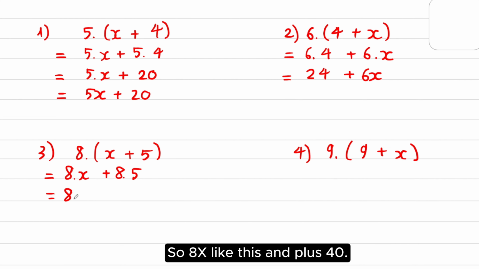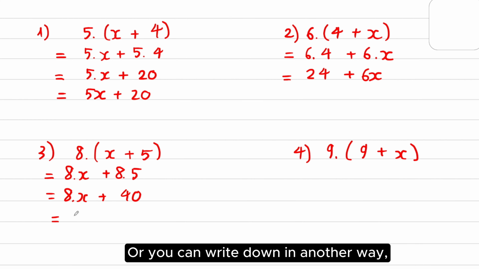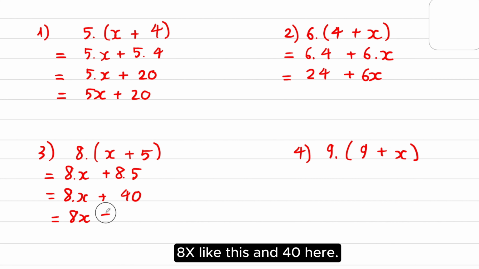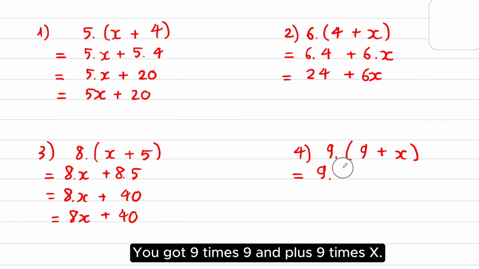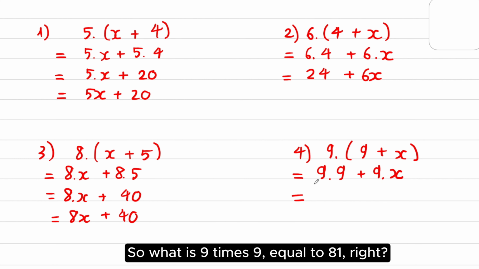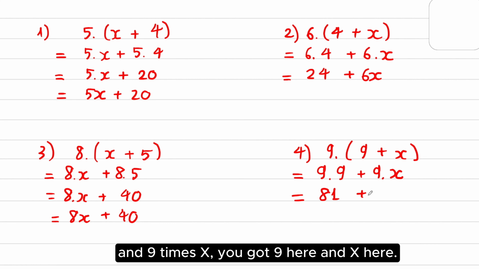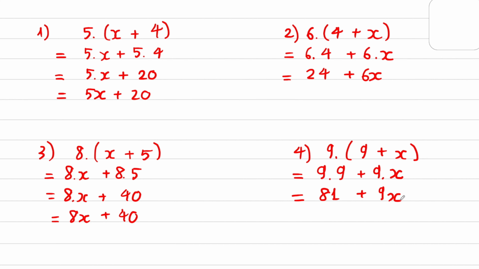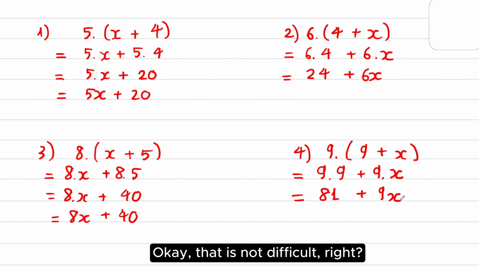So 8x, and this is 40, and you can write it another way, 8x and 40 here. And the last one, you have 9 times 9 plus 9 times x. So what is 9 times 9? 81, right? And 9 times x, you have 9 here and x here. That is not difficult, right?